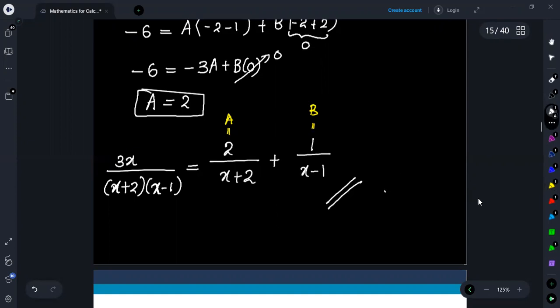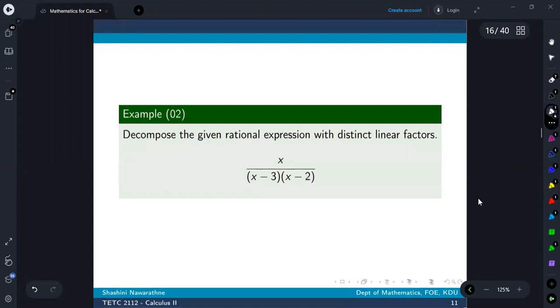I hope this is clear to you, and then you can practice example number 2. I will write the answer for this example, and try to obtain that answer by yourself. The problem is x over (x minus 3)(x minus 2).